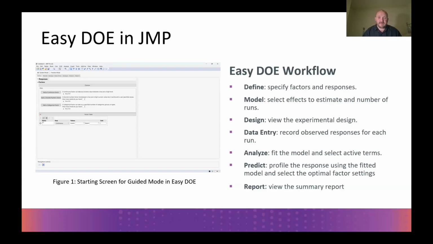Lastly, they can use that model to do predictions and select optimal factor settings if that's what they're interested in. And then they can view a summary report of the model. One particular thing we'll be interested in looking at today is this Analyze tab.